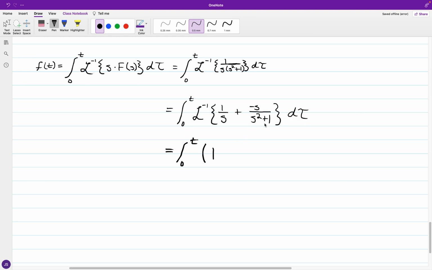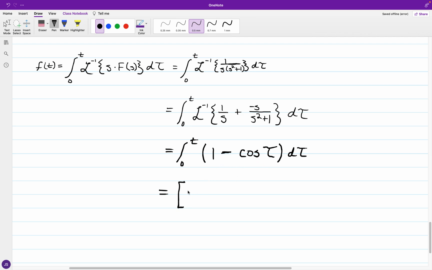And with negative s over s squared plus 1, we're going to have a negative term, the negative of s over s squared plus 1, and this will correspond to the cosine function. With the variable of integration, that term is going to be negative cosine of tau.